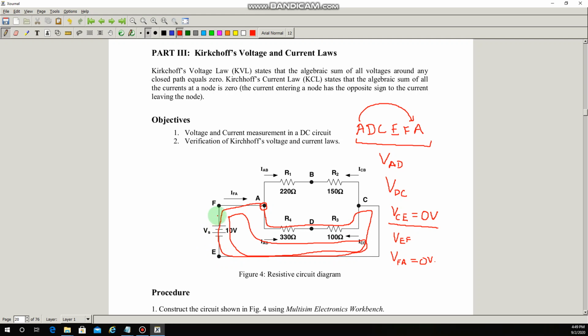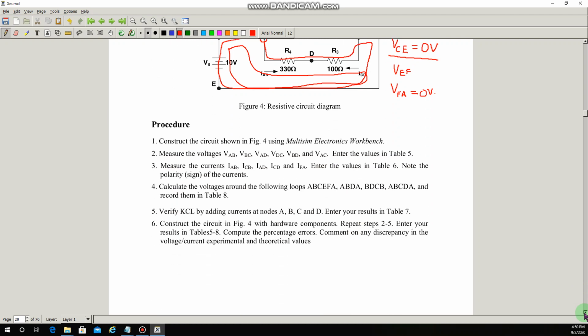Now if I add all of these voltages, their sum should be equal to 0. And this is what we are going to verify in this experiment. For this purpose, we will have to record these voltages in a particular table. Let me move to that table. It is in the next page.